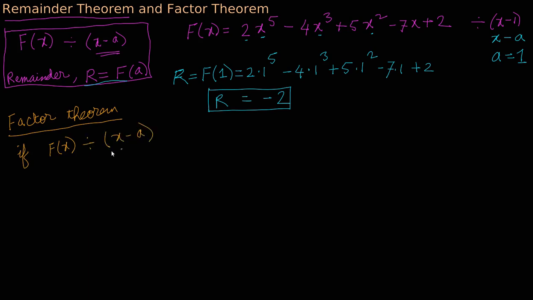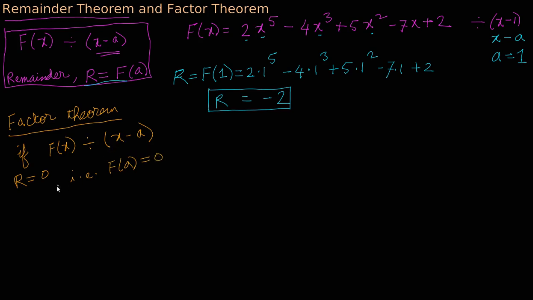If I divide this and I find the remainder r is equal to 0, that means f(a) equals 0. That's what I found.